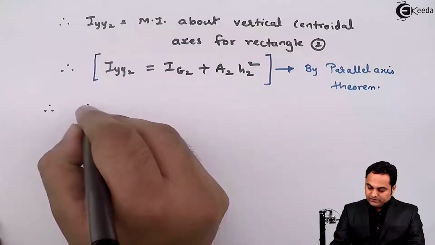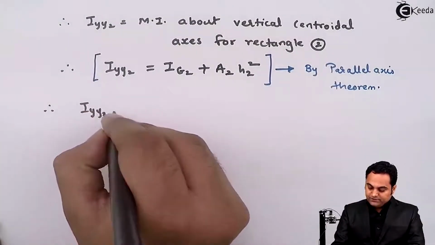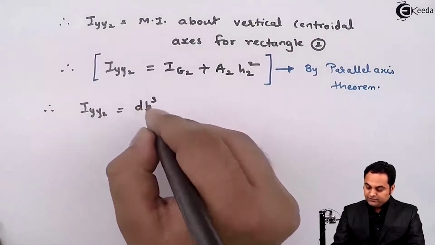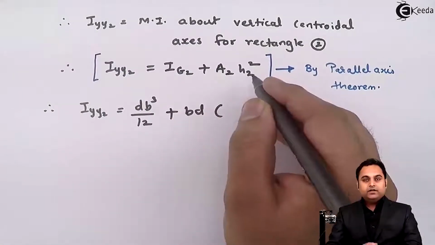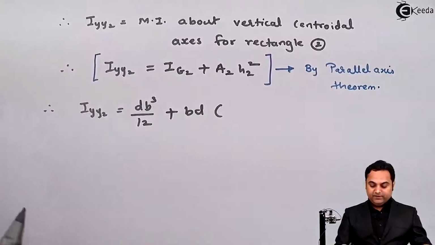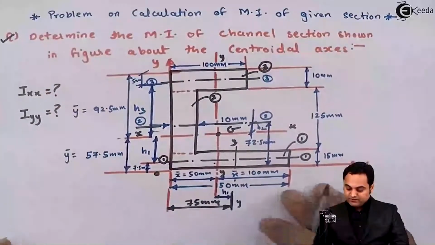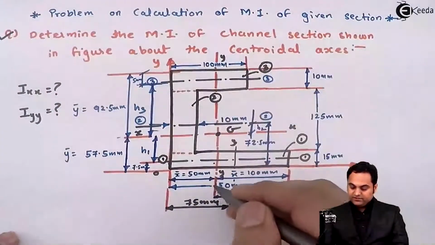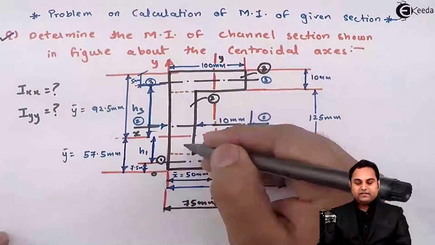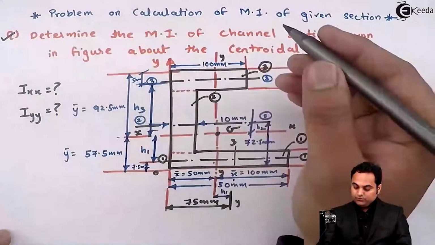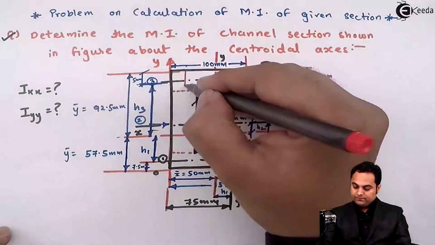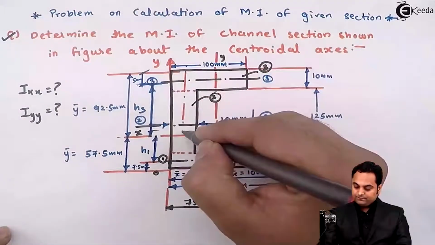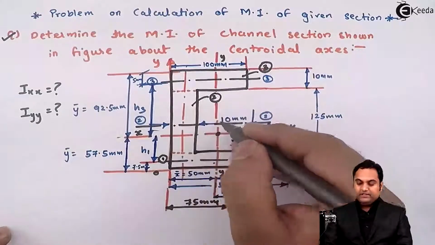So now Iyy2 is equal to Ig2, which is db cube by 12, plus area, which is b into d. h2 is the distance between the y-axis of the given C section and the y-axis of rectangle 2. So rectangle 2, its y-axis is here, that is at half of 10.